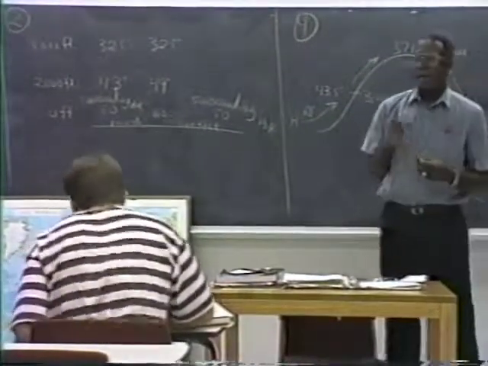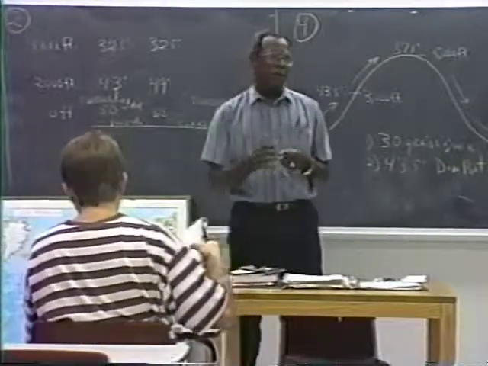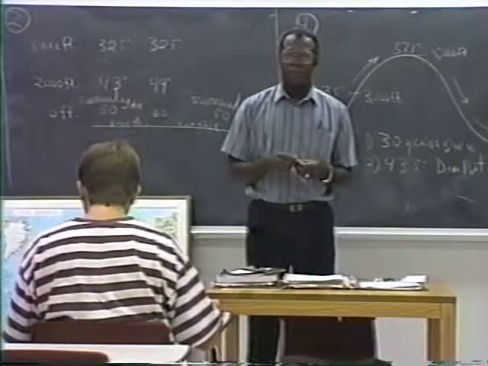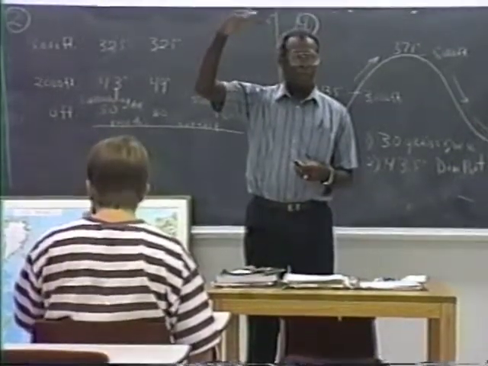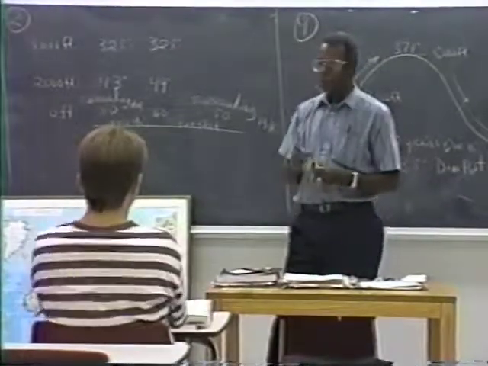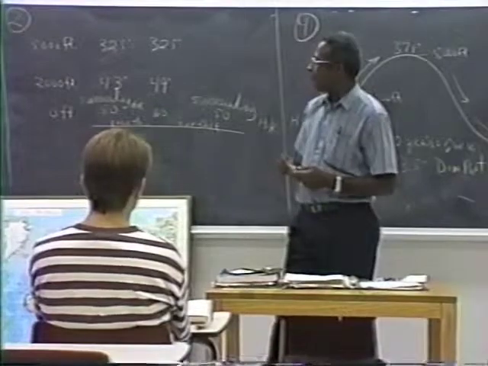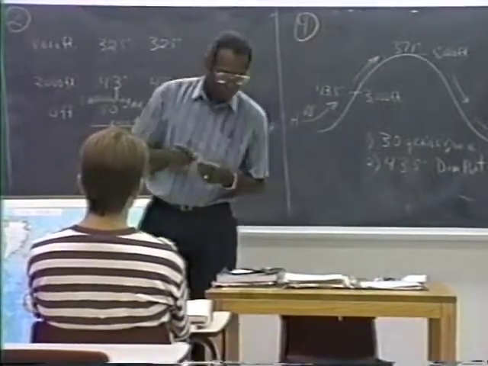The normal or the average lapse rate assumes no movement of air. It simply says that the further up we go from the Earth's surface, the air will cool off on the average at this rate of 3.5. So you need to remember 3.5. Now tonight we'll be talking about something a little different.